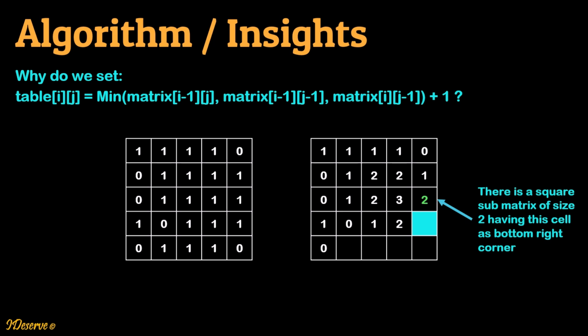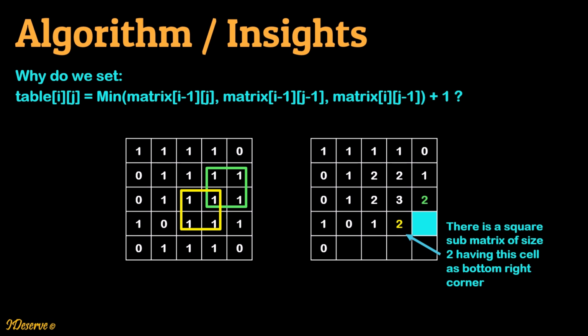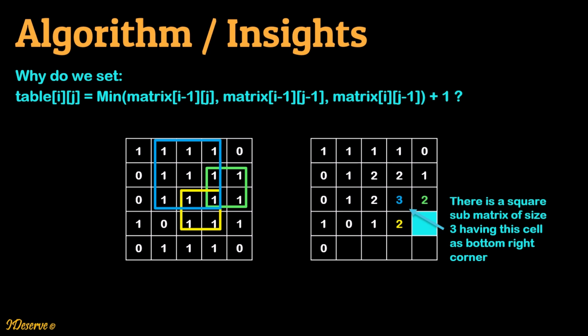This signifies that there is a square submatrix of size 2 having this cell as bottom right corner. Similarly, for the entry highlighted in yellow, there is a square submatrix of size 2 having this cell as bottom right corner. Finally, for the entry which is diagonally up, there is a square submatrix of size 3 having this cell as bottom right corner.